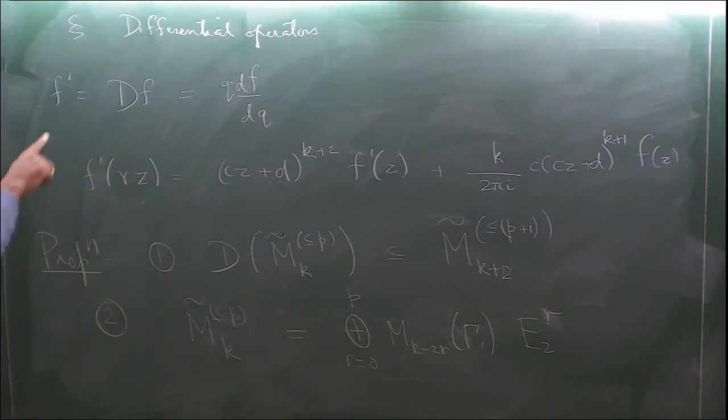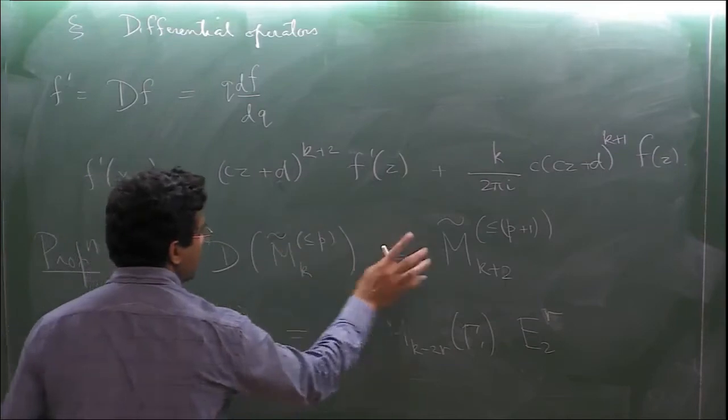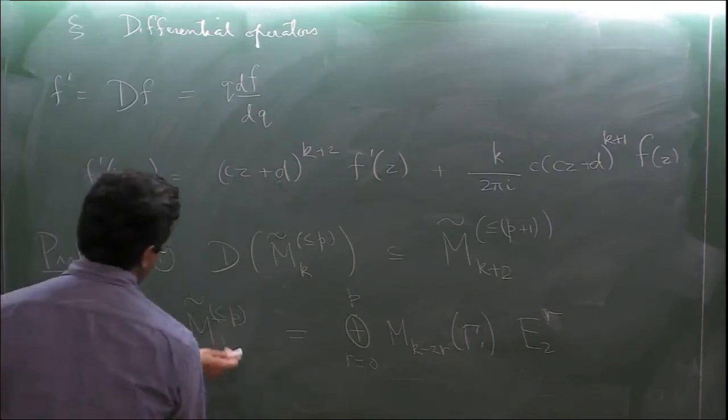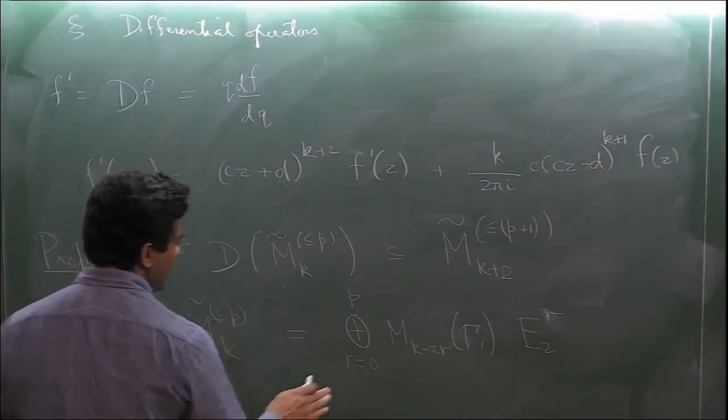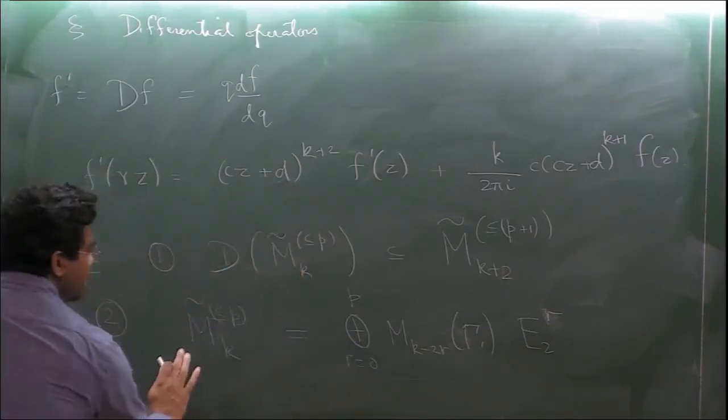This is why this notation is there. Sorry, I want tildes everywhere here. Any quasi-modular form of weight k and depth at most p can be written like this. Tilde is very important here.